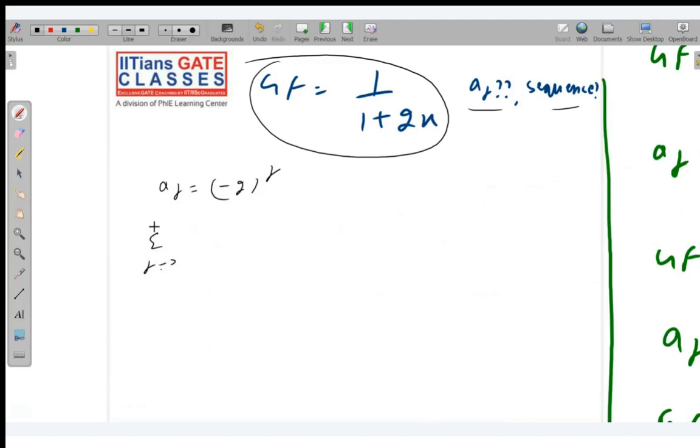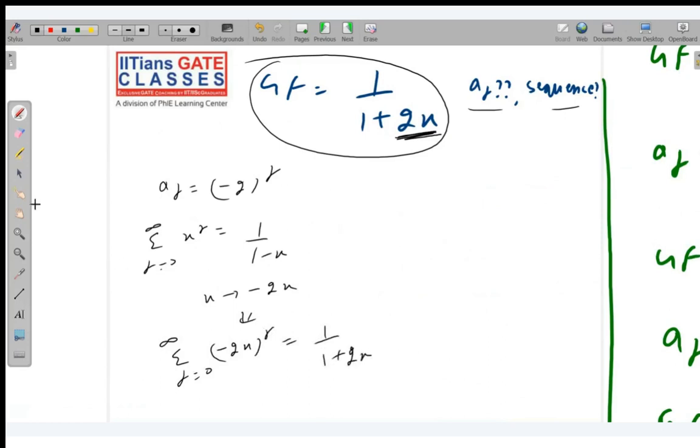Sigma r = 0 to infinity x^r is 1 upon 1 minus x. We already know this. Now we want 1 plus 2x, so I will replace x by minus 2x. The moment I replace x by minus 2x, I get sigma r = 0 to infinity (minus 2x)^r, which is equal to 1 upon 1 plus 2x.